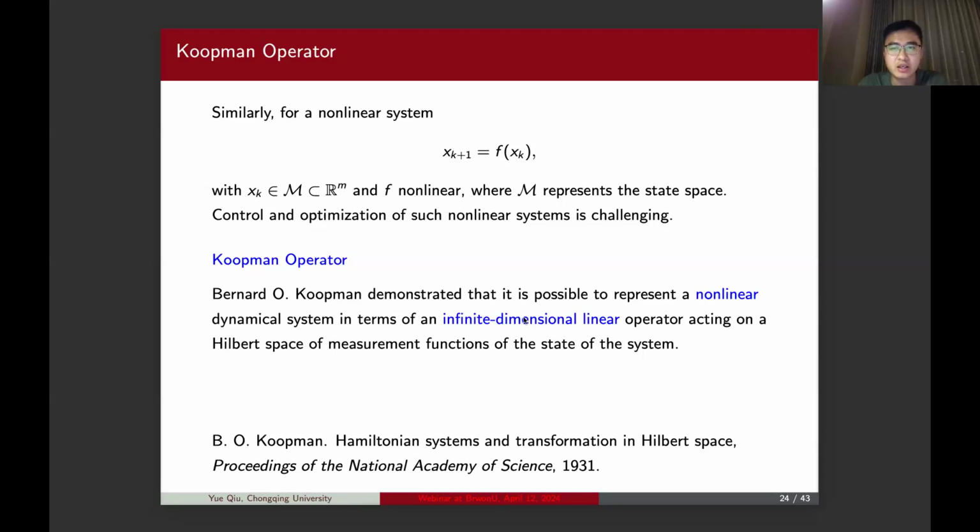It shows that for a nonlinear but finite dimensional dynamic system, you can transform it into an equivalent linear system. But the price you pay is that you lift the system dimension from finite dimensional to infinite dimensional.